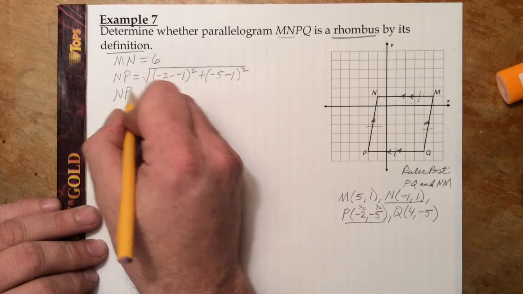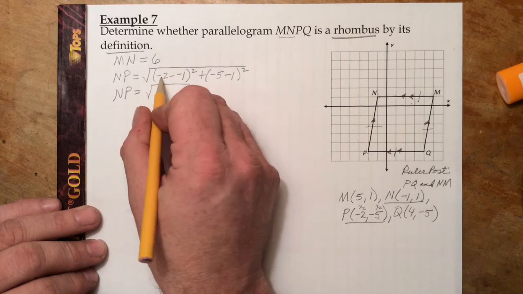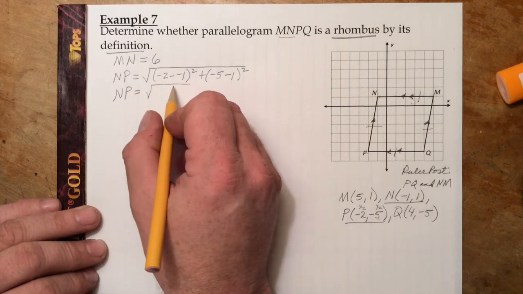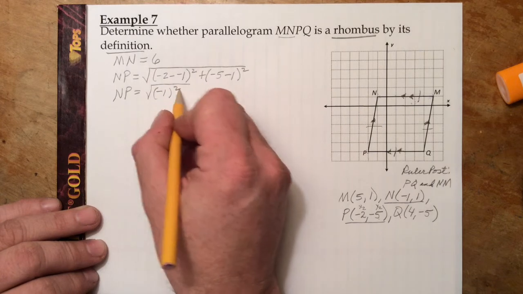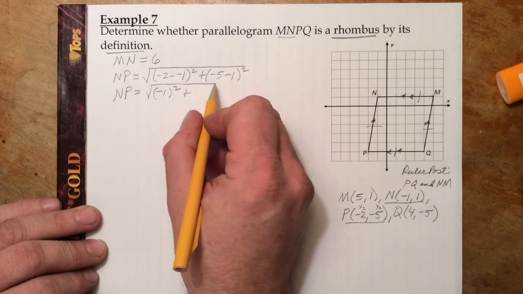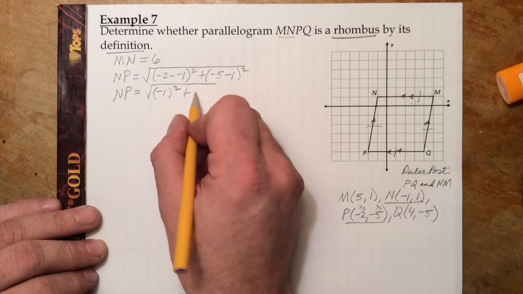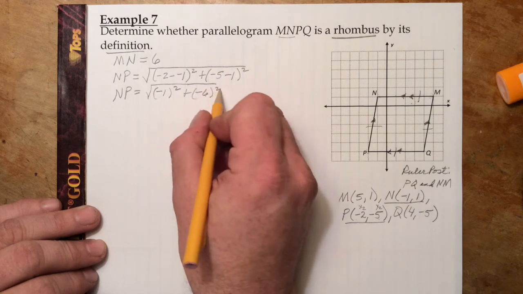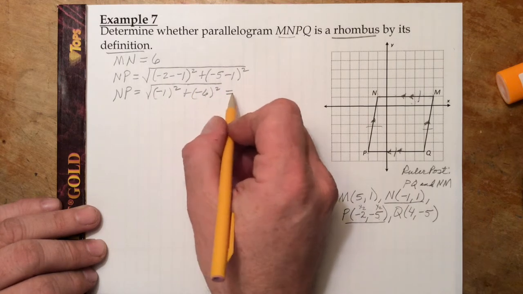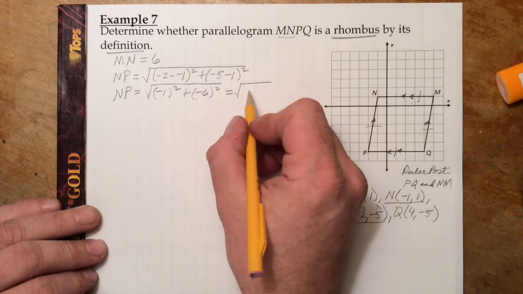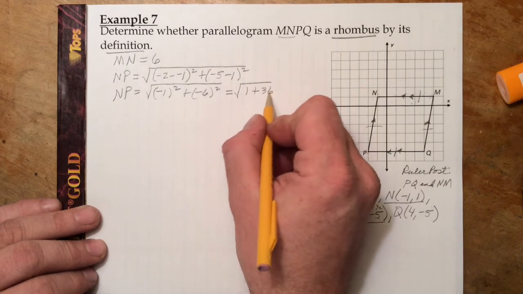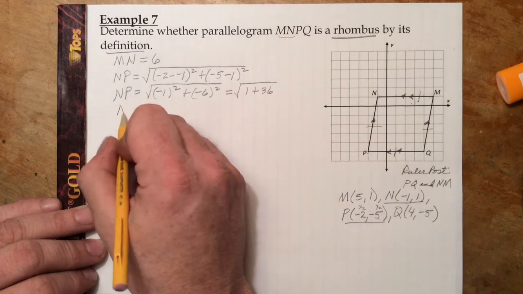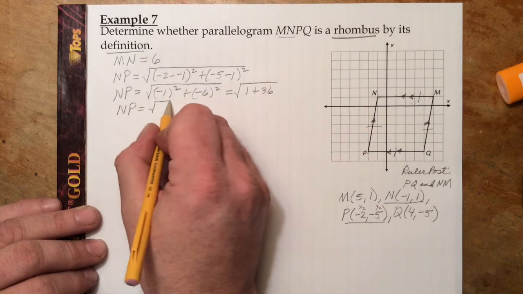So NP is equal to the square root of -2 minus -1 is -2 plus 1, which is -1 squared, plus -5 minus 1 is -6 squared. Then -1 squared is 1 plus -6 squared is 36. So we get NP is the square root of 37.